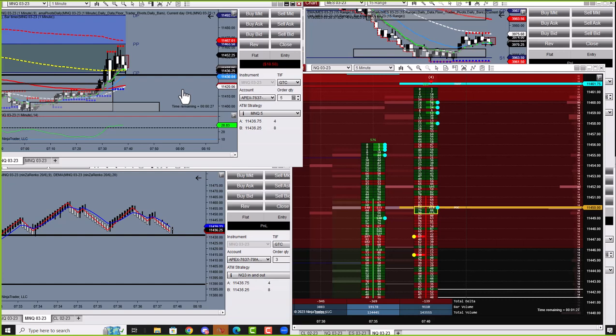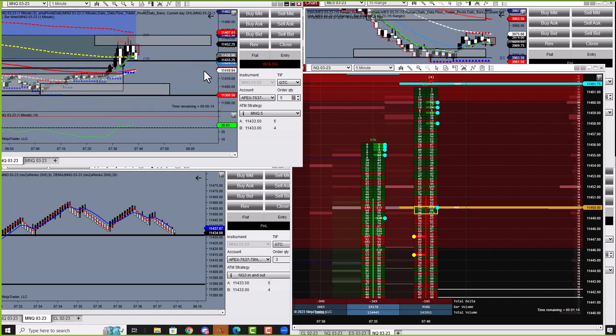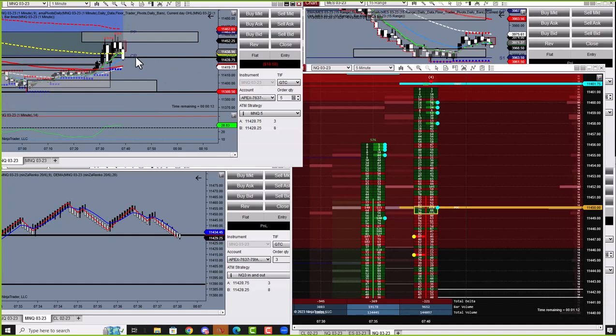Guys, did I tell you? I think Jack even said it too yesterday. 500 was a big level, right? Look where we're at. Back into that 500 range. There's a big sell block here.